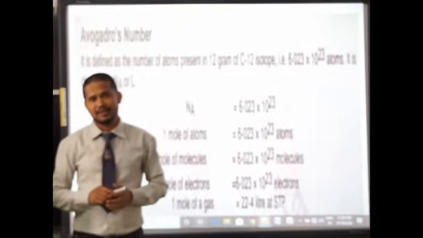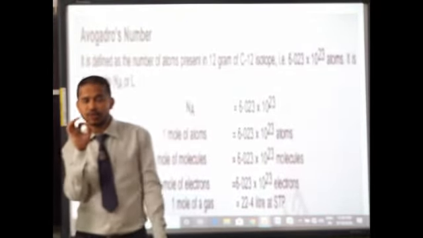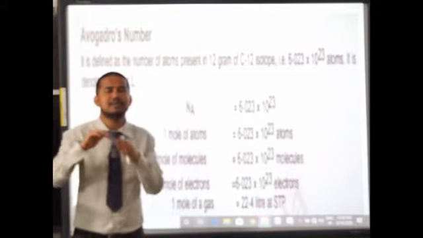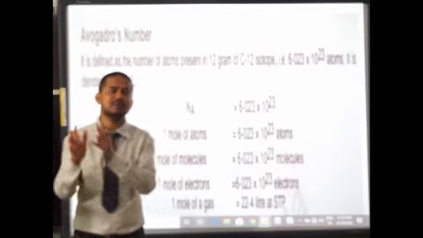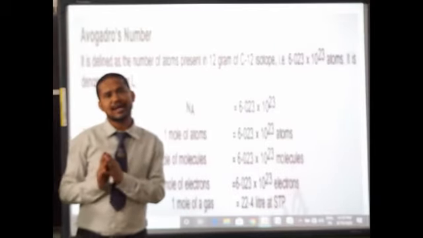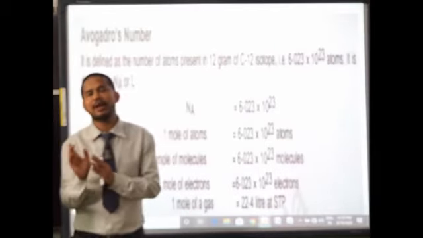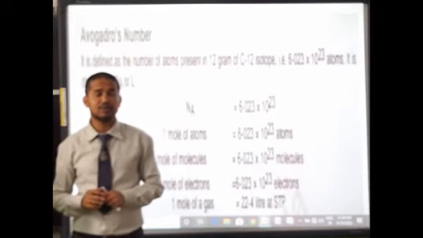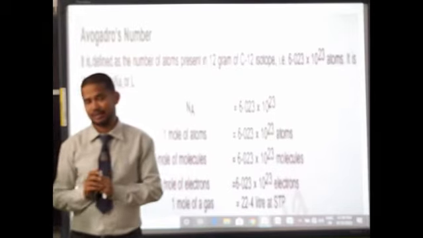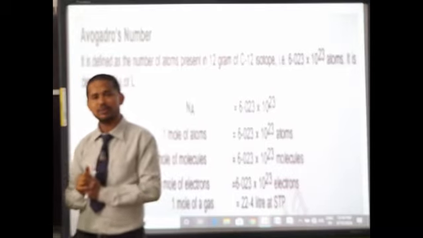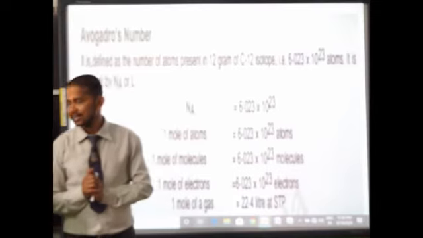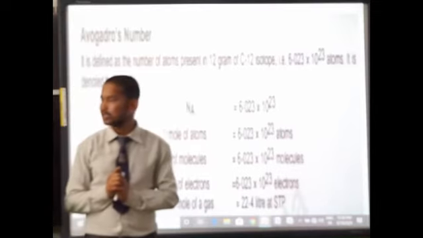Now, this 6.022 × 10^23 you can't say every time. It takes time to tell. So for that, they gave it the name Avogadro's number. Avogadro's number is defined as the number of atoms present in 12 grams of carbon-12 isotope, that is 6.022 × 10^23 atoms.